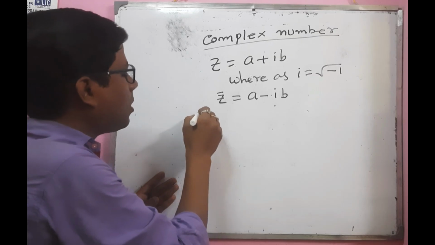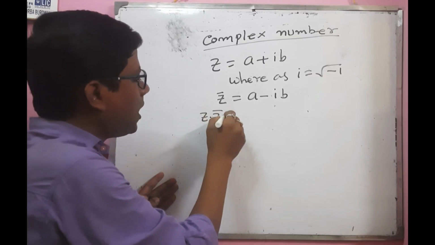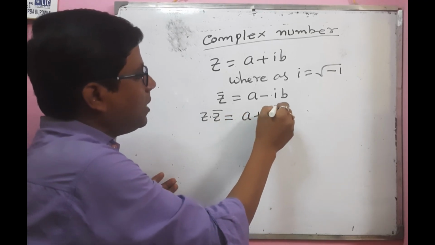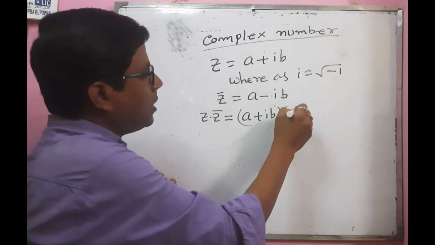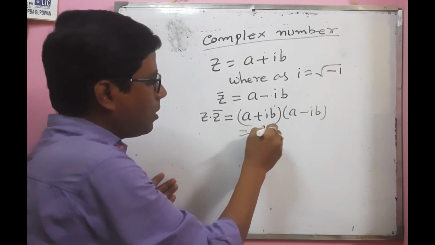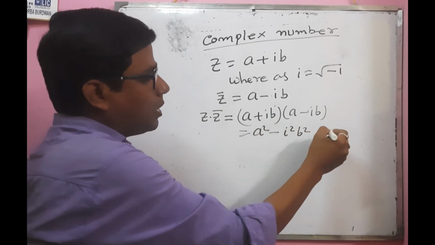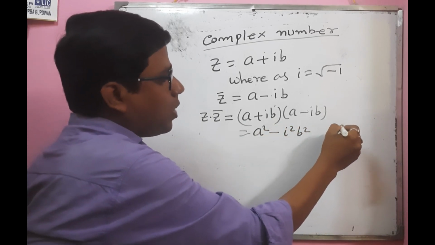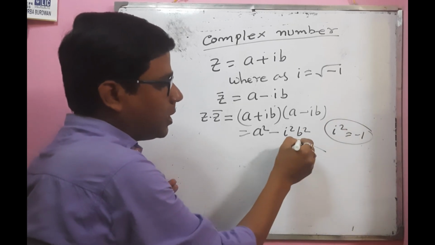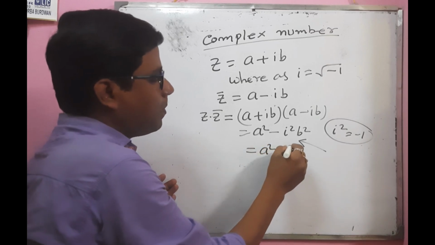Now the product of Z into Z bar, that is the complex number and its conjugate, A plus iB multiplied with A minus iB. Now calculating, since i square is equal to minus 1, if we put it here, then we get A square plus B square.